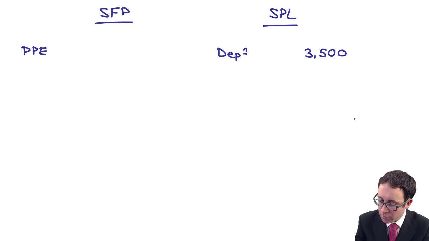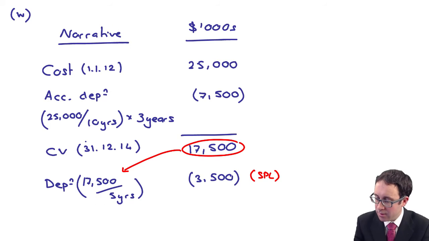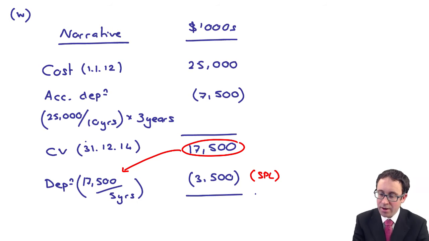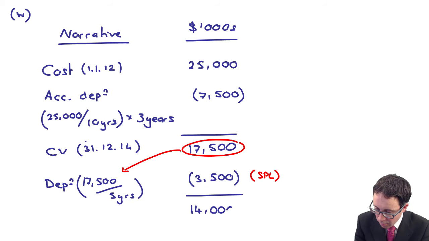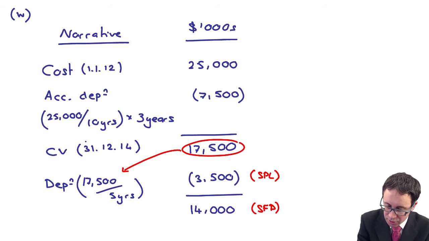And then what we also need to look at as well is the carrying value, isn't it? The carrying value is that 14,000. And that's the figure there, isn't it, on the statement of financial position at the end of the year.